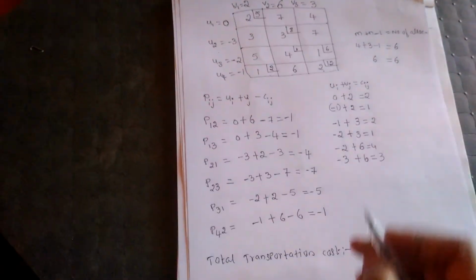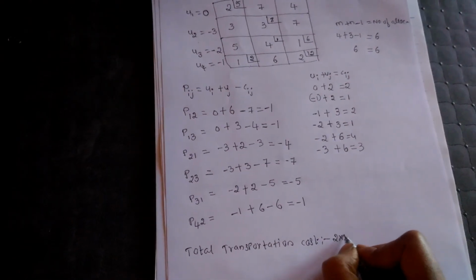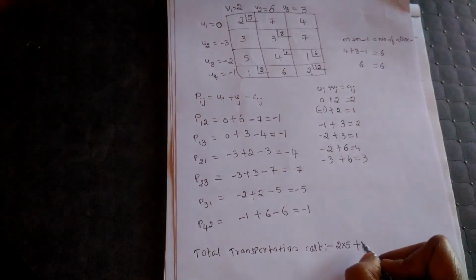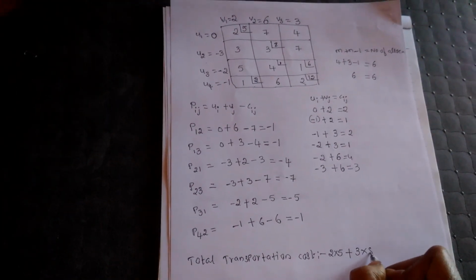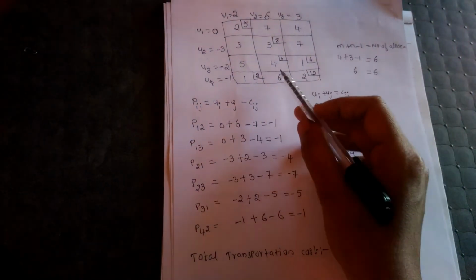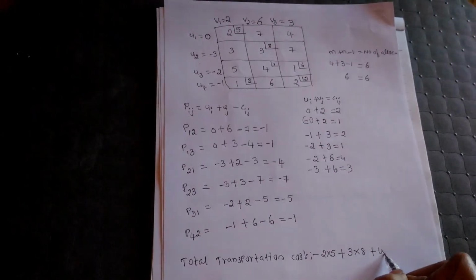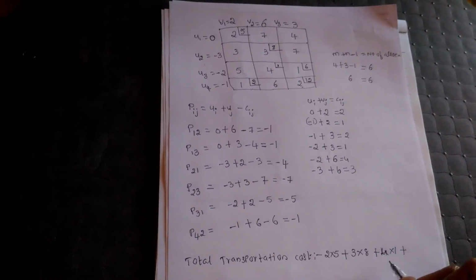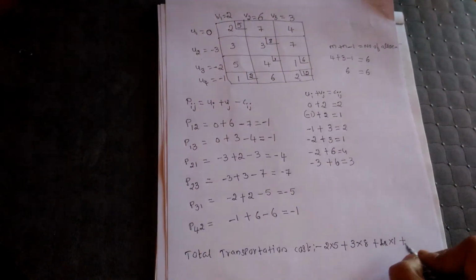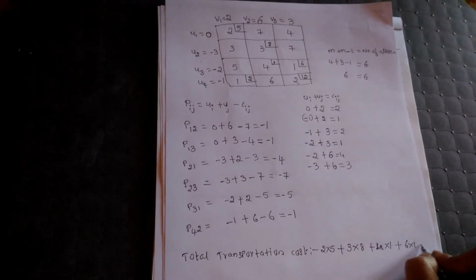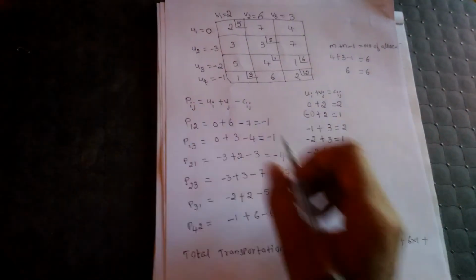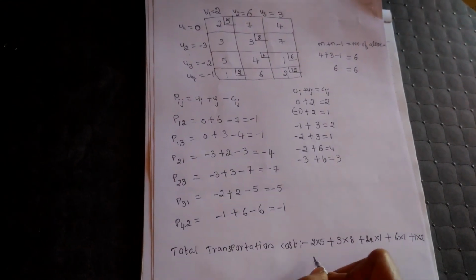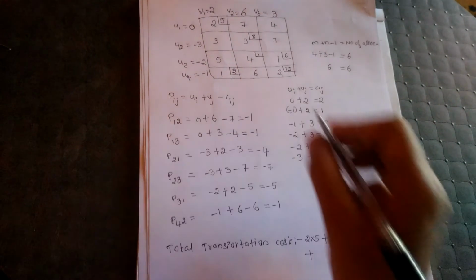Now 2 multiplied by 5. 3 multiplied by 8. 4 multiplied by 1. 6 multiplied by 1. 1 multiplied by 2. 2 multiplied by 12.